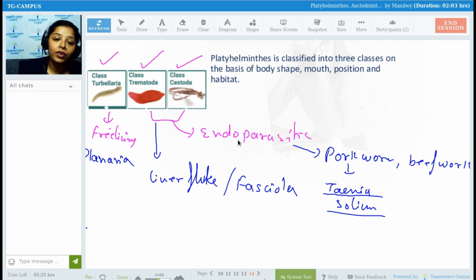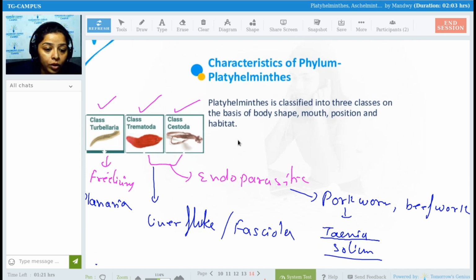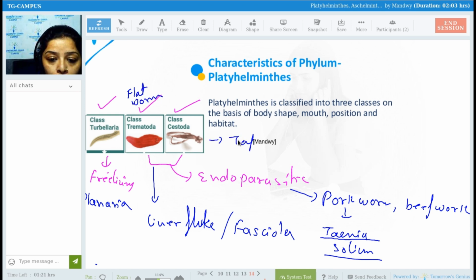Turbellaria is free living, the rest are endoparasites. Trematoda is a flatworm and Cestoda is a tapeworm. This is very important. Trematoda is a flatworm and this one is a tapeworm. You can remember from this also.